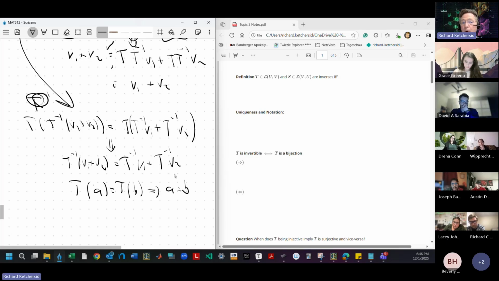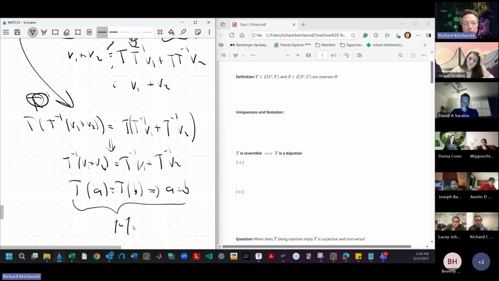What do we know about T that gives me this? It's got an inverse, so it's bijective. And what does this correspond to? Yeah, it's one-to-one.